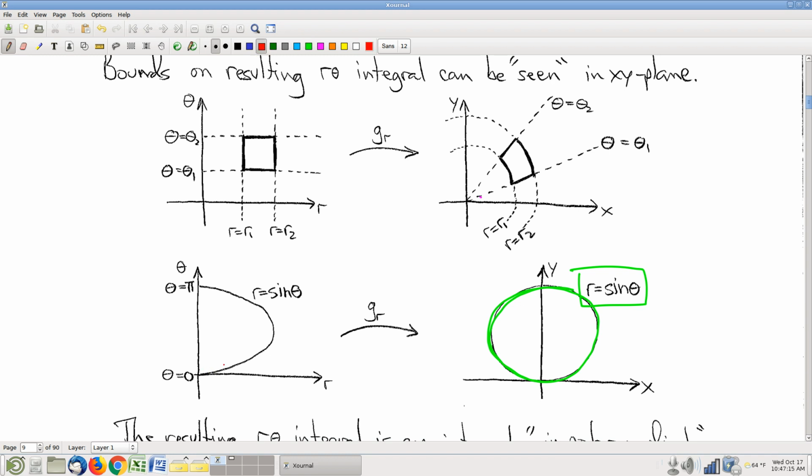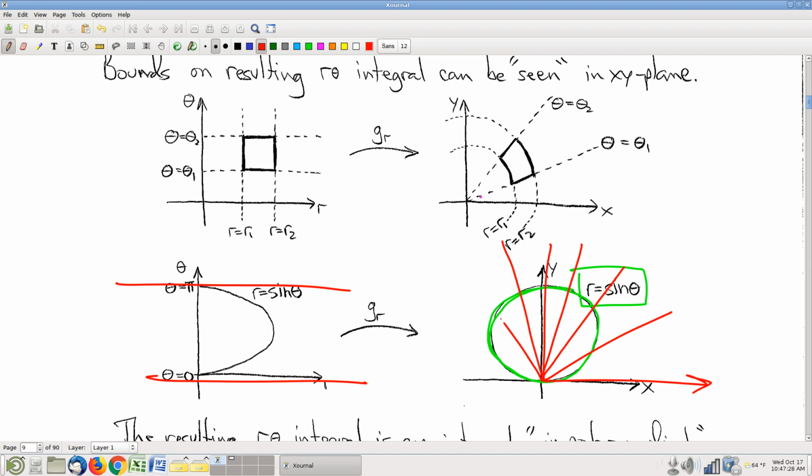So you might say, well, theta goes from 0 to pi. These are my various theta slices. It's real easy to see. That's where theta is equal to 0. This is where theta is equal to pi.